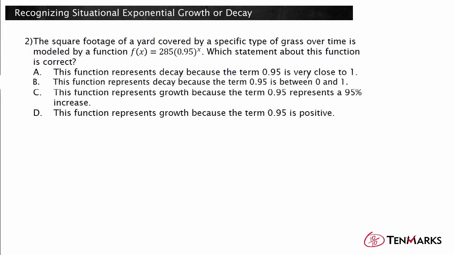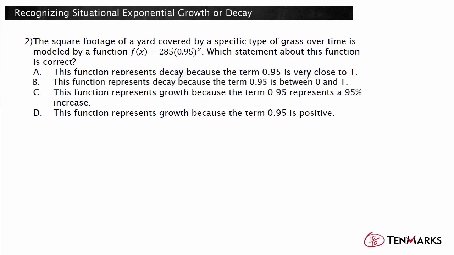The square footage of a yard covered by a specific type of grass over time is modeled by the function f of x equals 285 times 0.95 to the x power. Which statement about this function is correct? A. This function represents decay because the term 0.95 is very close to 1.